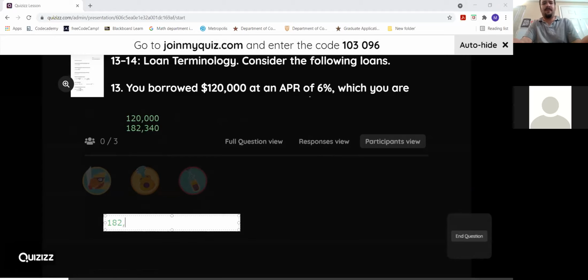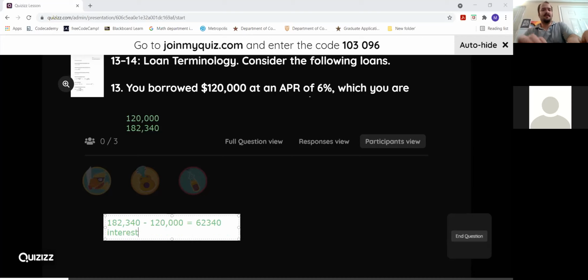So if 182,340 is my total, and I take away 120 principal, this should be giving me, what is that? 182,340 minus 120,000 is what, 62,340? And so if I want to find my interest, I take my principal away from my total payment.